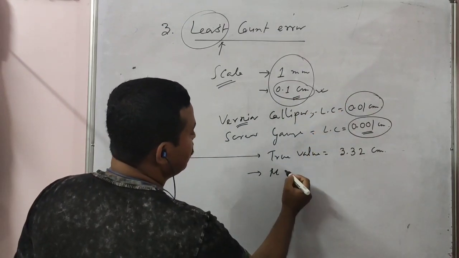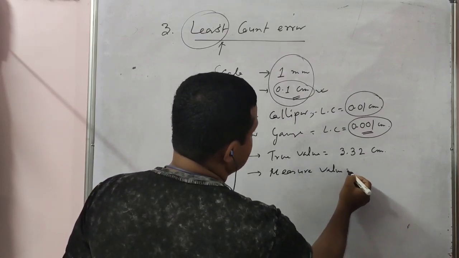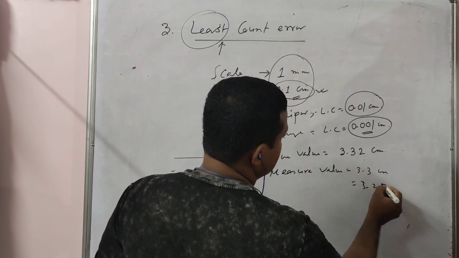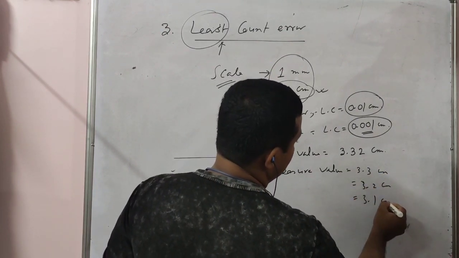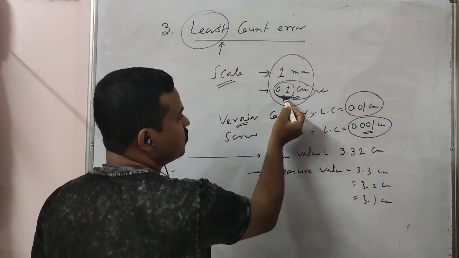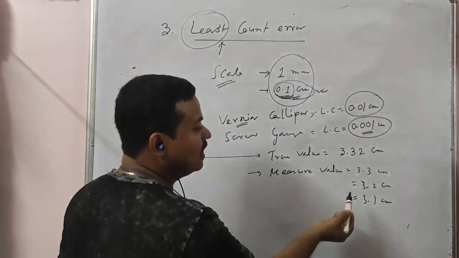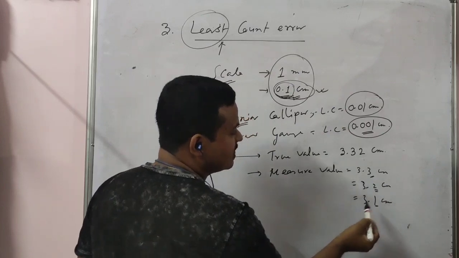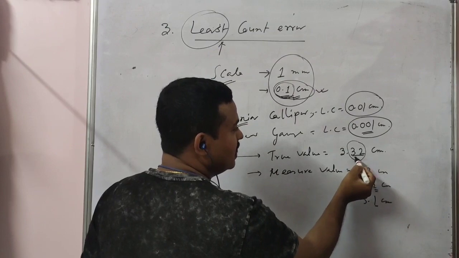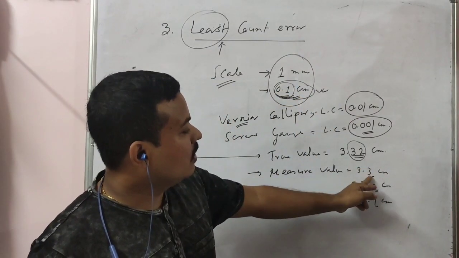So your measured values will be say 3.3 centimeter, 3.2 centimeter, 3.1 centimeter, because you are using the scale whose least count is 0.1. So you cannot measure a value which is less than 0.1. Here you will get only up to 1 decimal point. You cannot have 2 decimal points, because your scale has minimum value 0.1.